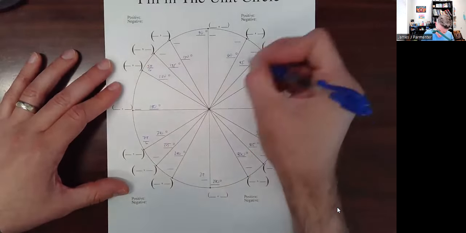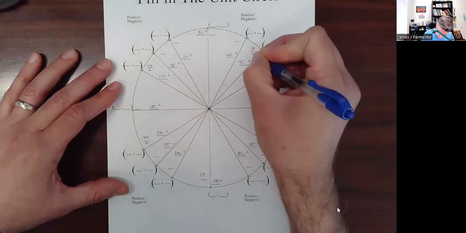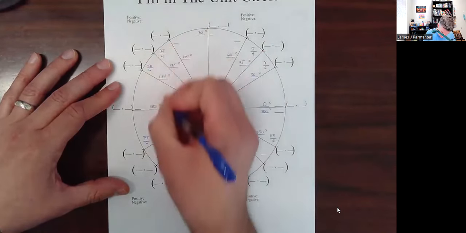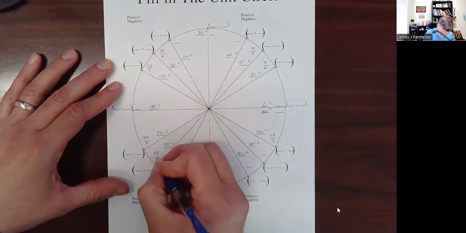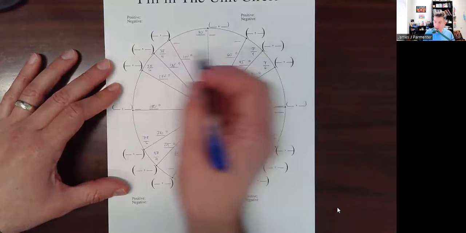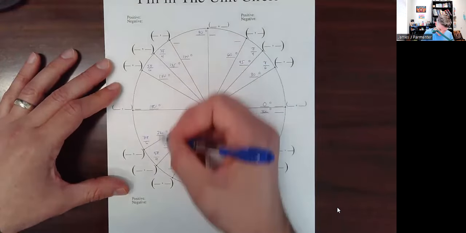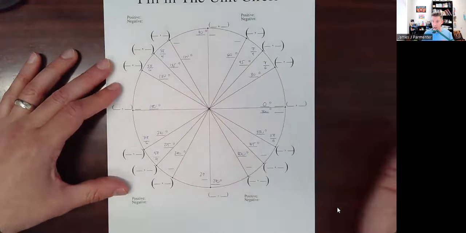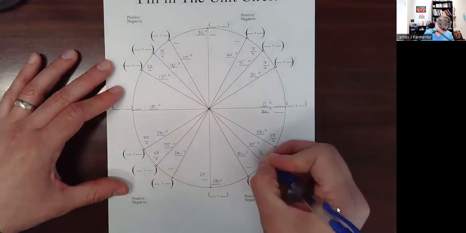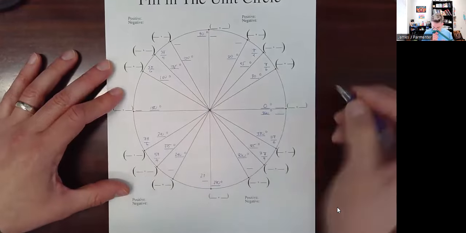And then same deal up here. 45 is pi over 4 radians, matches up with 3 pi over 4 radians. When I'm saying matching up, I mean has the same vertical coordinate, so these are at the same height, or the same horizontal coordinate, so these are the same amount left or right of the y-axis. This matches up over here with 7 pi over 4.